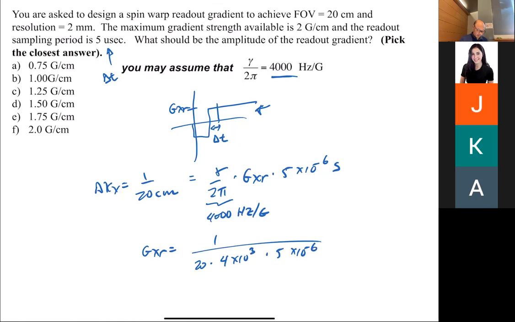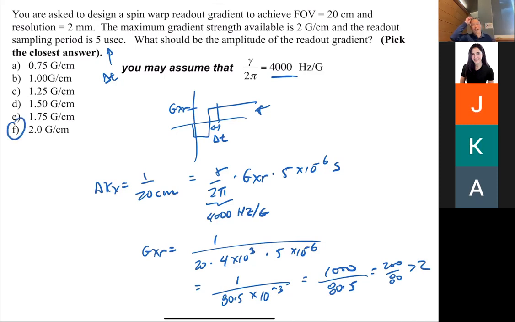Then I have 1/80 times 5 times 10 to the minus 3, which equals 1,000/80/5. That equals 200/80, which is greater than 2. So yes, it is F. Good job.